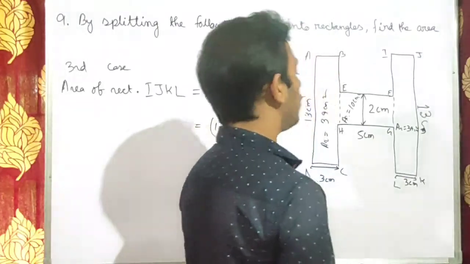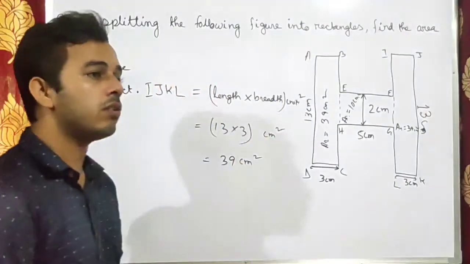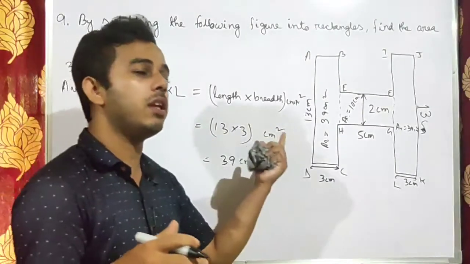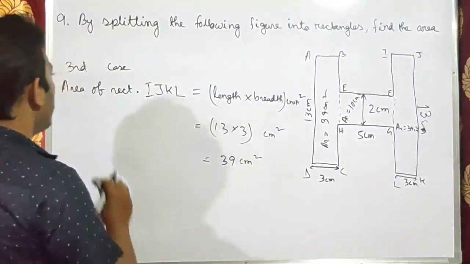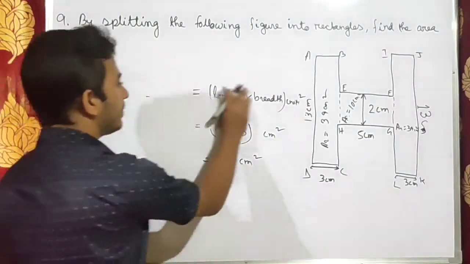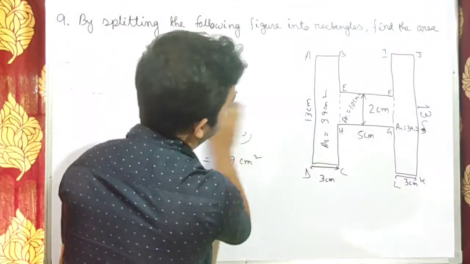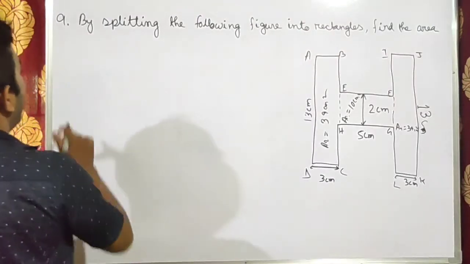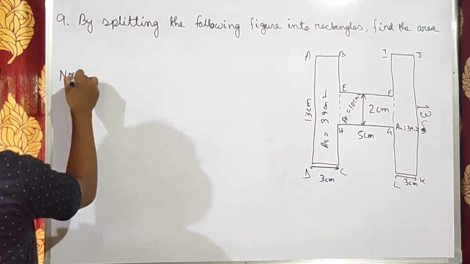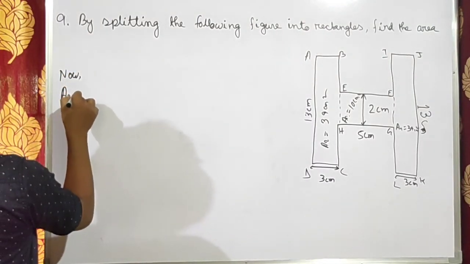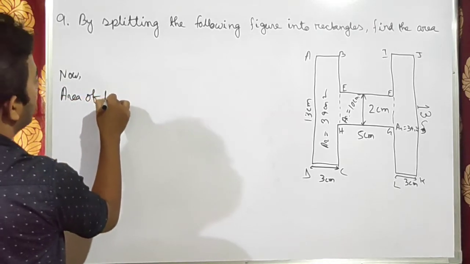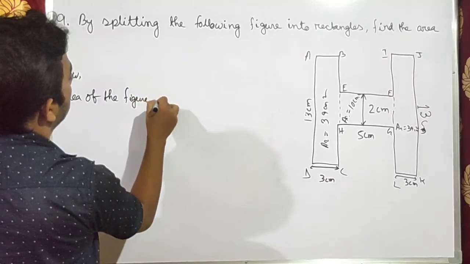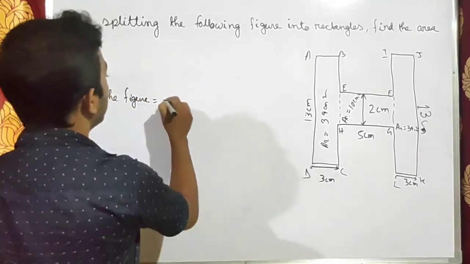Now what we have to do? We have to find out the area of the figure. Okay. Now if we add all these areas, the resulting area will be the area of that given figure. So now we will write area of the figure. Area of the figure equals, area of the figure is what?